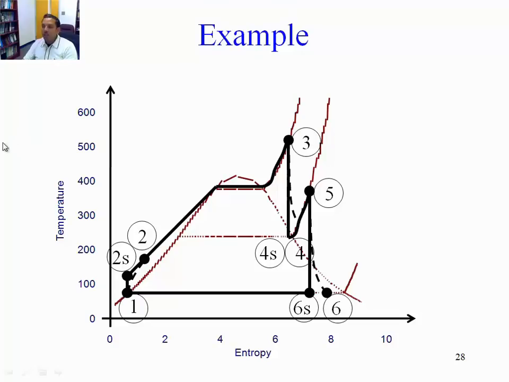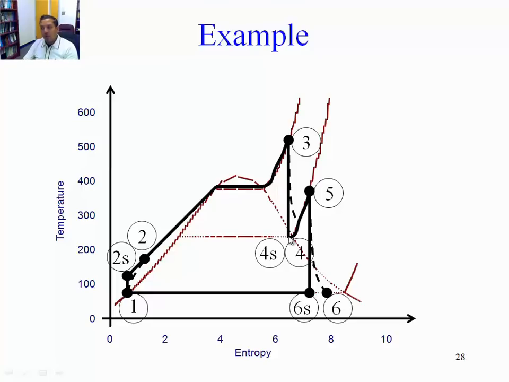Now if we plot this in the TS diagram, notice from 1 to 2 we have the pump, but that's the process 2S. Isentropically it goes vertically up, but in reality entropy increases. Entropy always increases in adiabatic processes, real adiabatic processes. Then from 2 to 3 it is actually heated up isobarically, constant pressure.